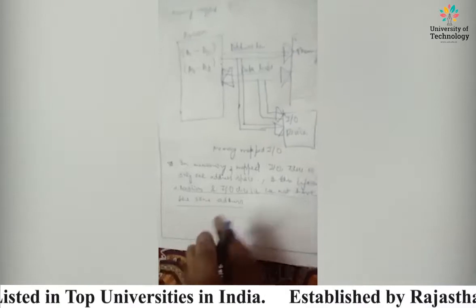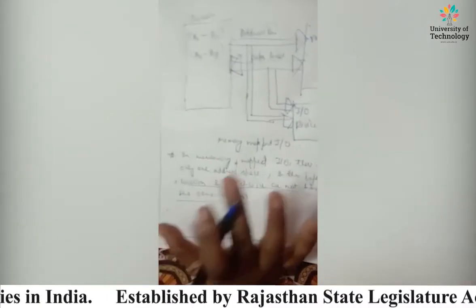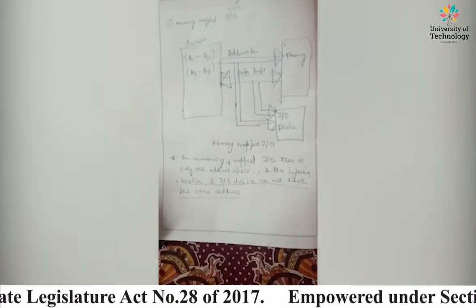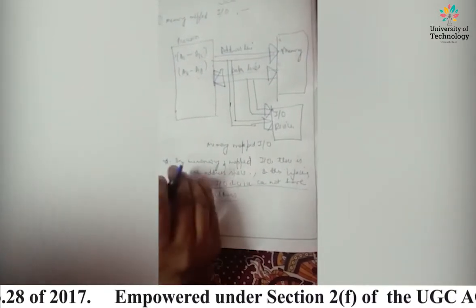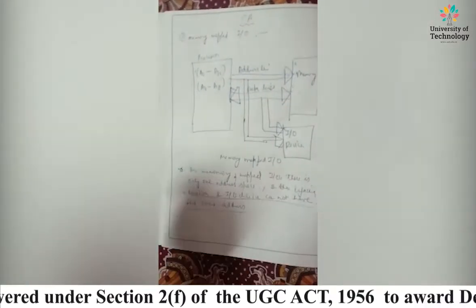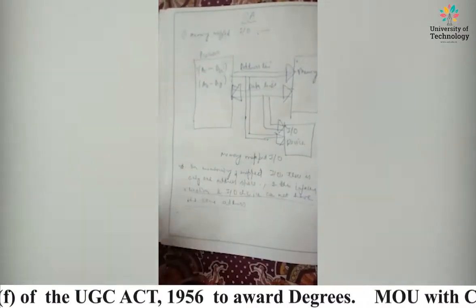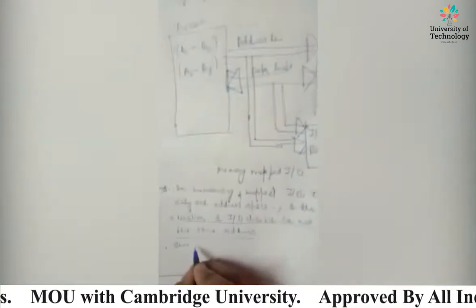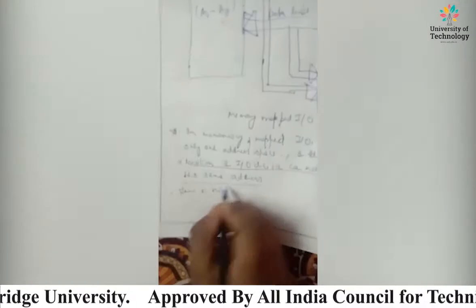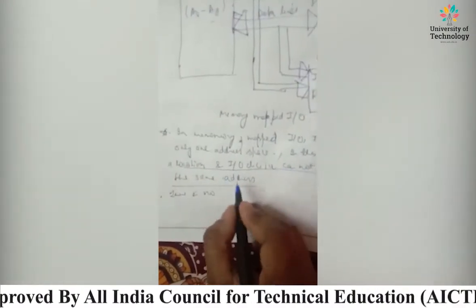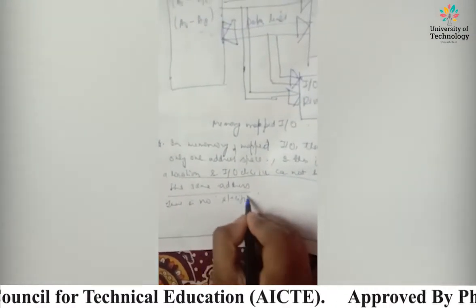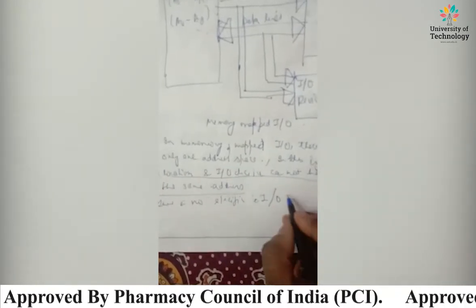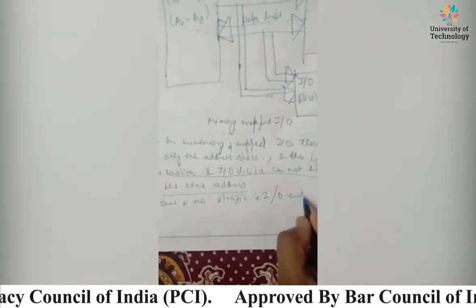Now see, there is no specific input output instruction. The processor transfers the data residing in the input output devices with the same instruction that was used to transfer the data residing in the memory location. So instructions are not varying, they are the same. You can write it down: there is no specific input output instruction.